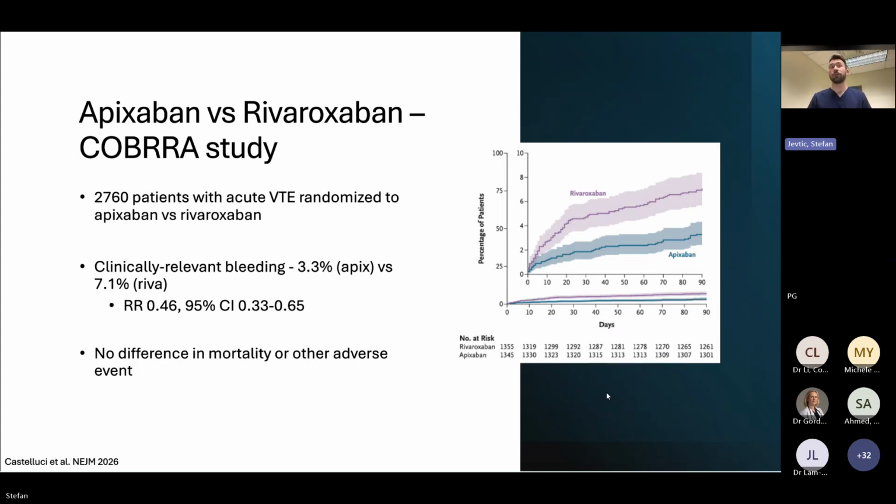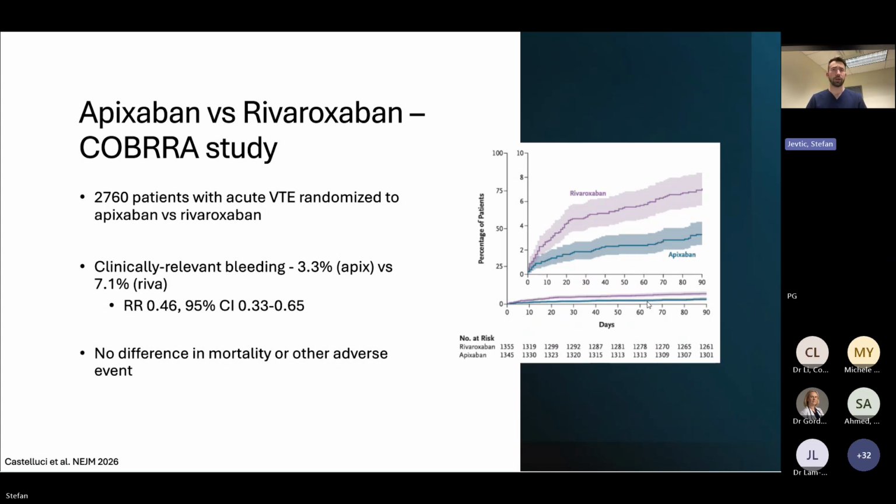What they found was a very significant, more than 50% reduction in the risk of bleeding with apixaban compared to rivaroxaban in those first three months of use. There was also a clinically significant reduction in the risk of major bleeding. There was no difference in mortality or any other adverse event, including recurrent VTE.